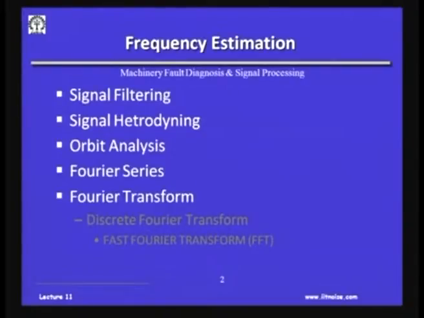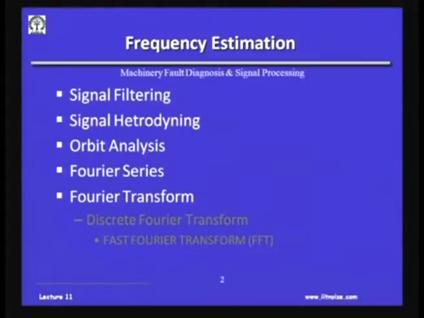And then we had discussed signal heterodyning, wherein the phenomenon of beat was taken advantage of to know the frequency of an unknown signal, provided we know the frequency of a reference signal. And then orbit analysis using Lissajous figures, wherein we can compare the frequency ratios of signals.